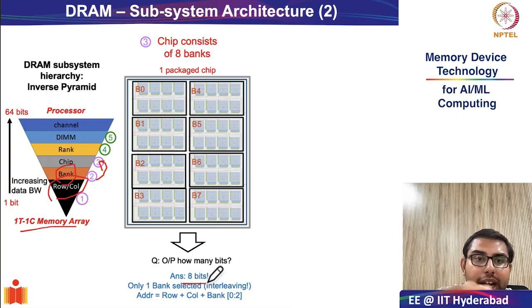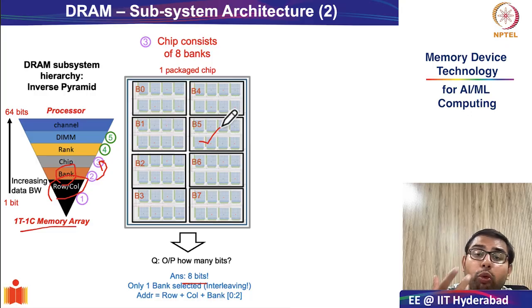Therefore, in one operation cycle, data is coming out of only one of the banks. So out of the 8 banks, only one is actually operational.